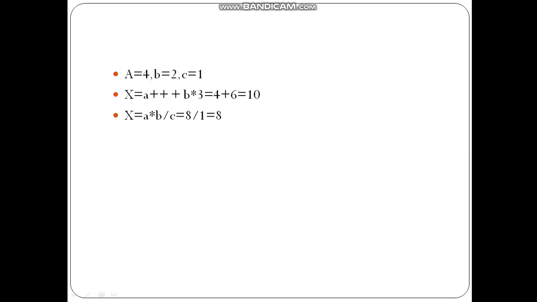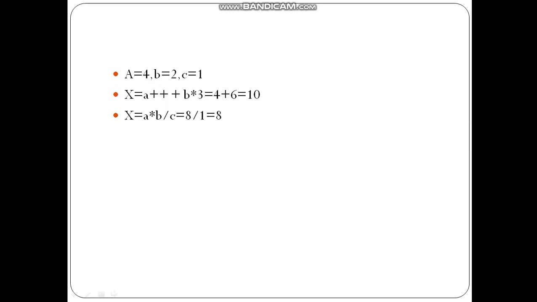Now we know that a plus plus has higher precedence, so we will evaluate this first. This is a postfix increment operator. As I told you while teaching about the postfix increment operator, here we will take the original value first because it is postfix. So we will take it as 4, and then plus b into 3. What is b? 2. 2 into 3 is 6. This is how we evaluate this expression.